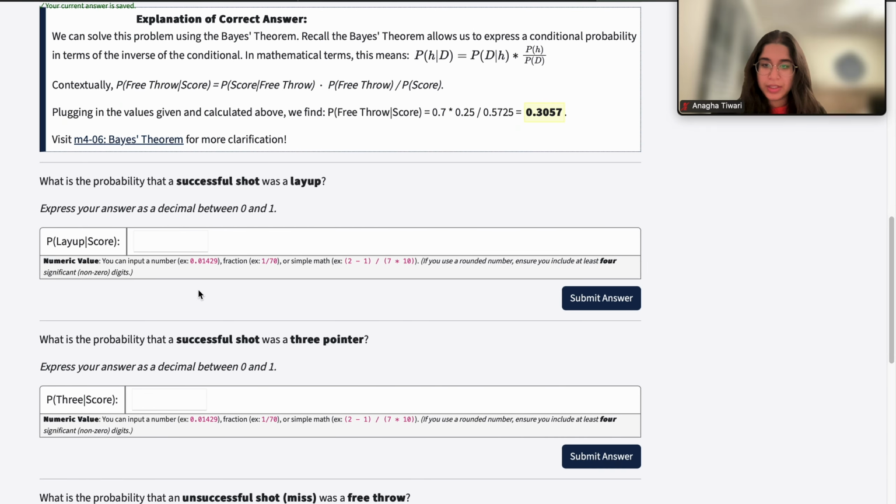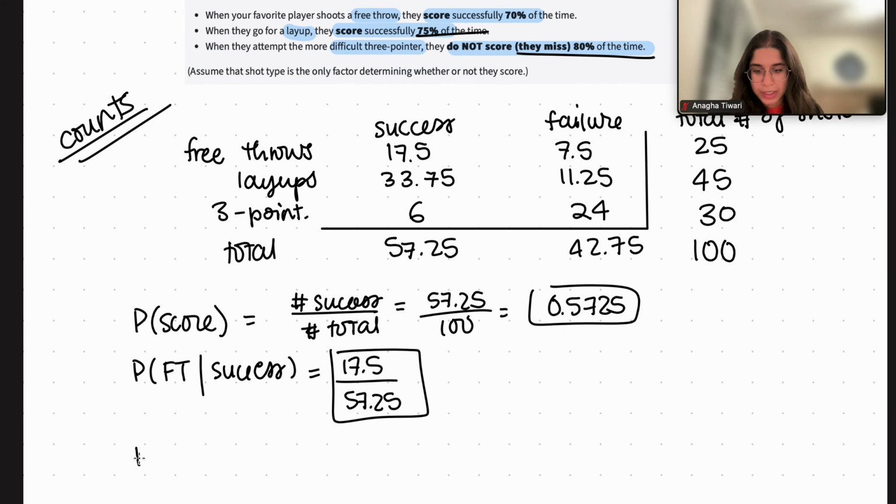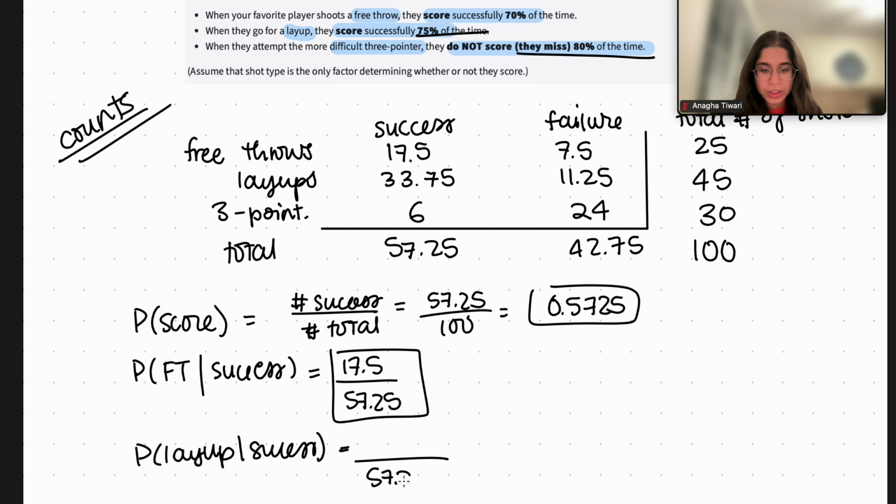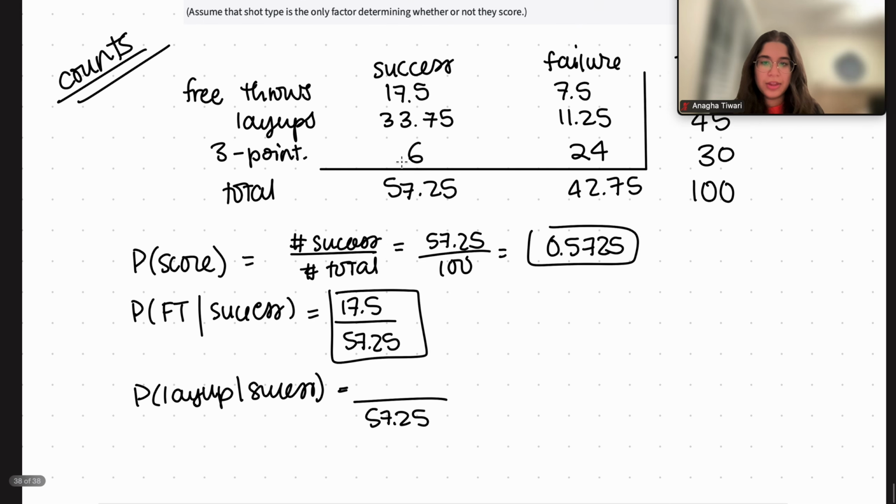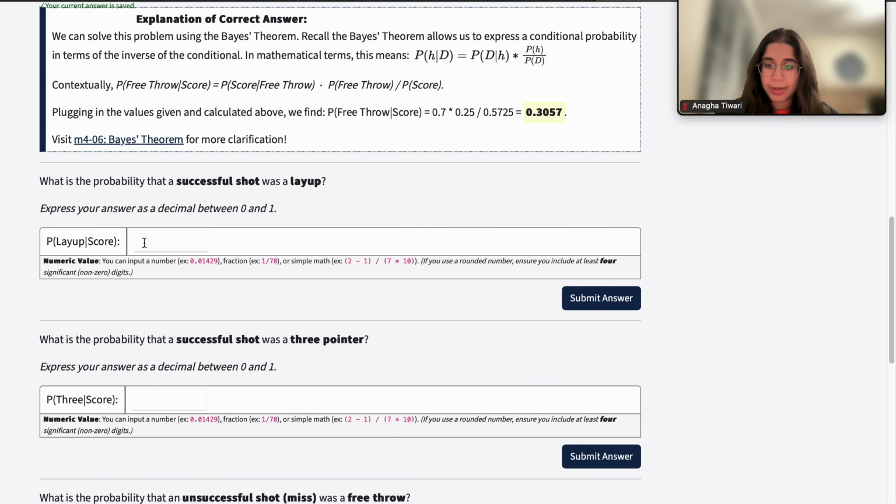So here it's the probability that a successful shot was a layup. Given that we got a score, what is the probability that it was a layup? So probability of layup given success. Out of our 57.25 successful shots, the number that were layups is 33.75. So that's going to be our probability: 33.75 divided by 57.25.